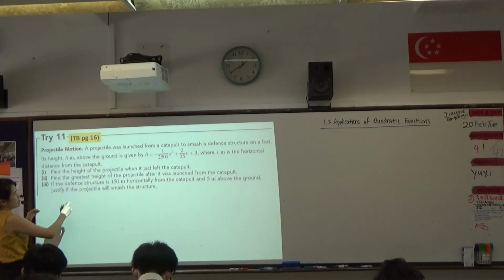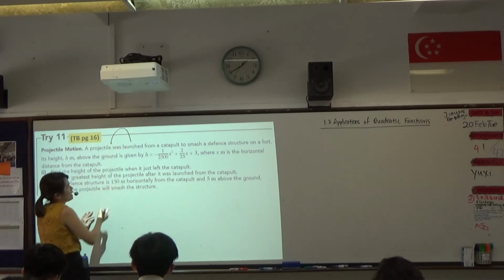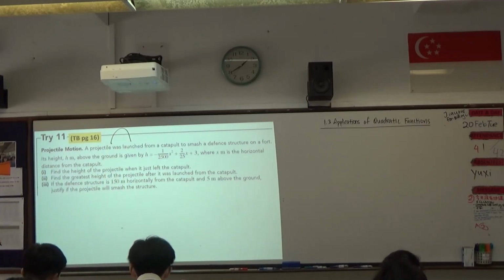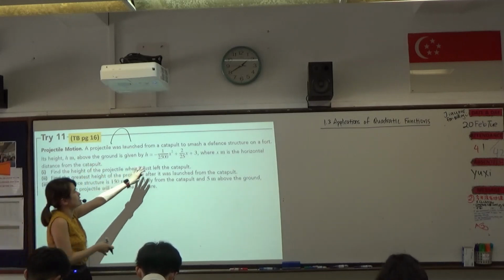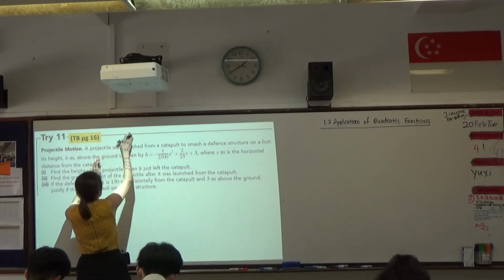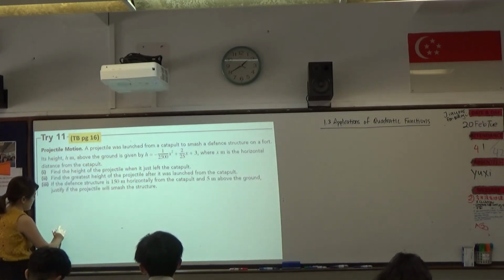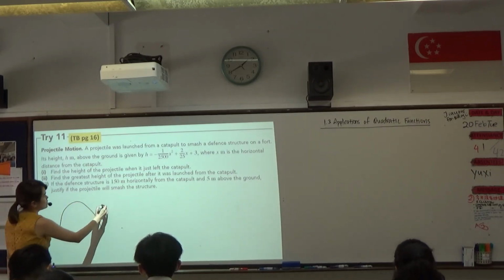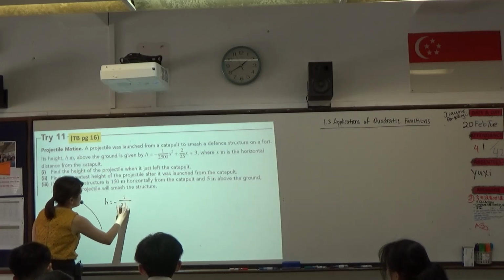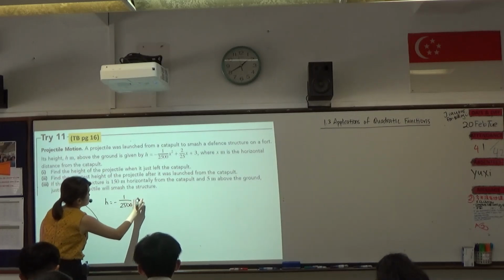I hope you know what a projectile is, simply a motion like that, from a catapult to smash a defense structure on a fort. Its height, h meters above the ground, is given by this. So this entire motion, maybe I'll draw it here, is being modeled by these equations.